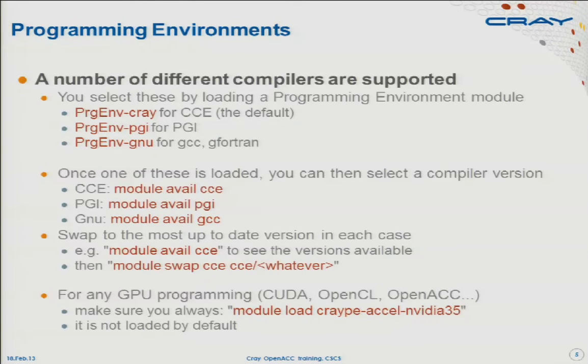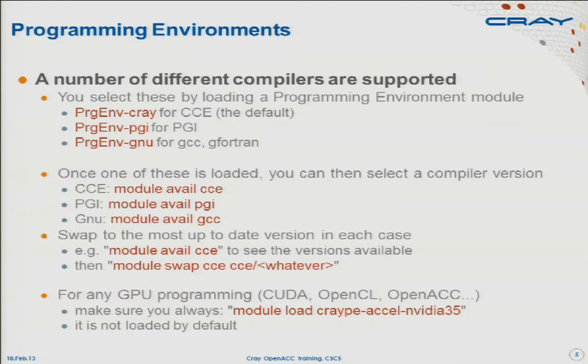In order to choose your compiler, the way that's done on the Cray systems is you have a programming environment module, and you load one of these three to decide which compiler suite you're going to have access to. So for these exercises, we're going to use the Cray programming environment.